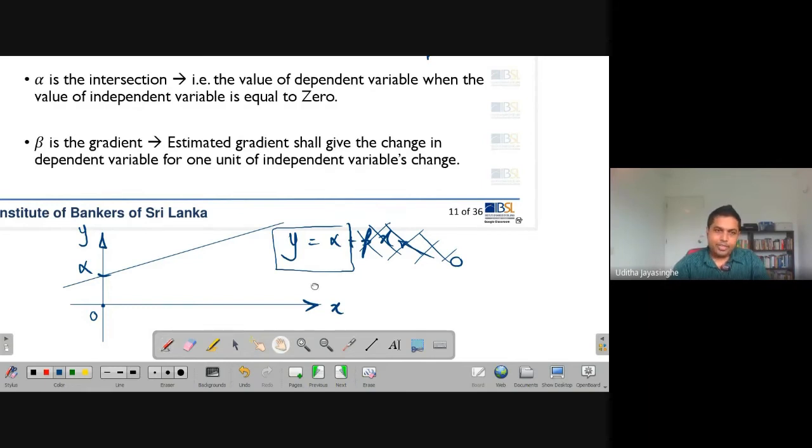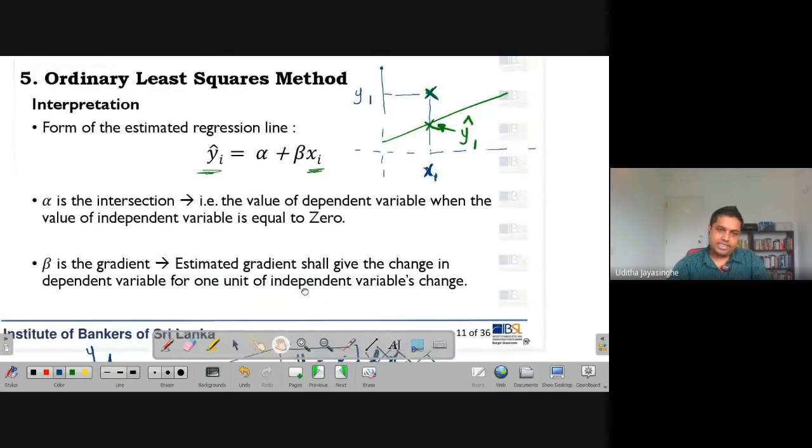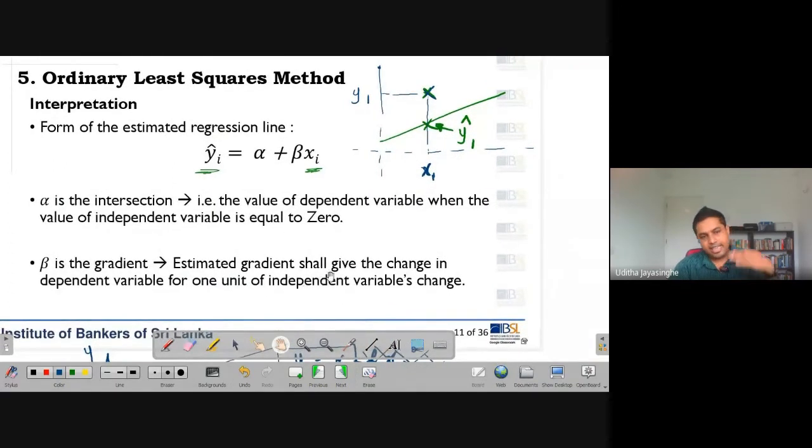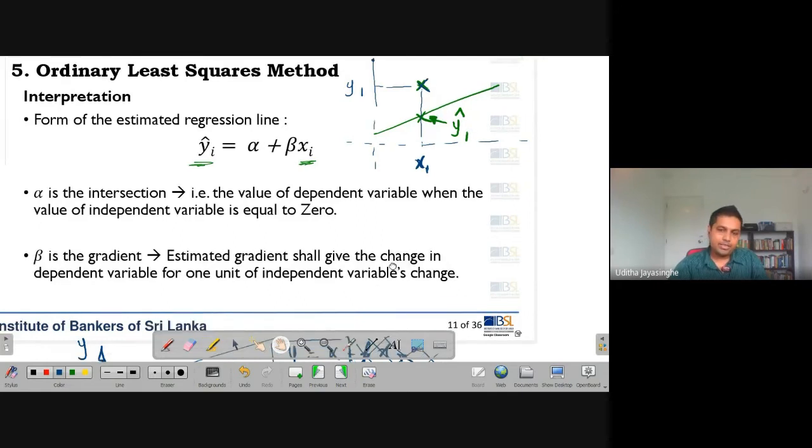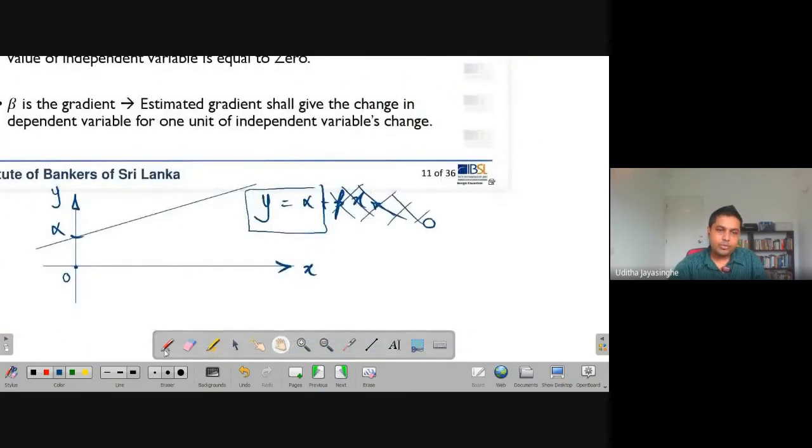Okay, enough about alpha. What is a beta? Beta is a gradient. Gradient is the angle. Estimated gradient shall give the change in the dependent variable, that is y, for 1 unit of independent variable's change. Now, this is going to be something very simple.